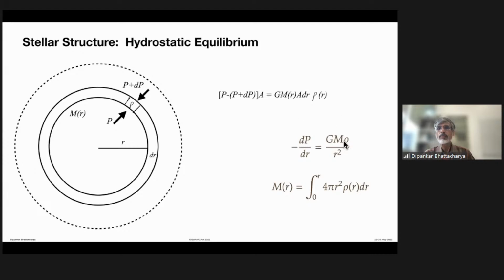So G M of r rho of r over r squared. There is 1 over r squared here. And what is capital M of r? Capital M of r is the integral from 0 to small r of 4 pi r squared rho of r dr. So these two together give you the equation of hydrostatic balance of the star.